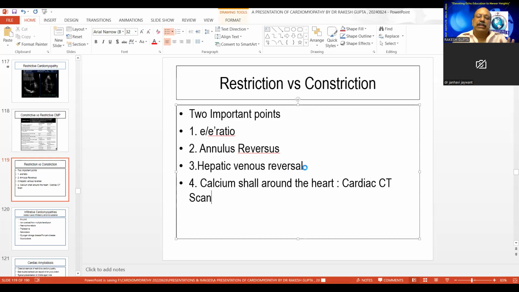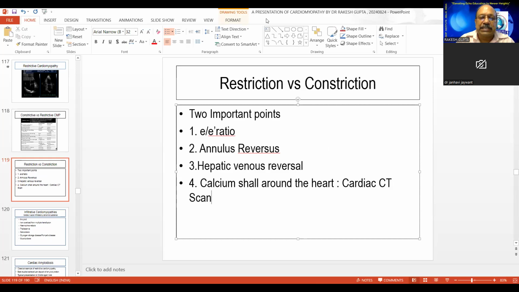So remember these four things, which will make your life very easy, because this is non-changeable, this is non-changeable, this is certainly not changeable, and calcium may be there or may not be there, because a number of times we are seeing people presenting with post-surgery restriction or post-surgery constrictive pericarditis.